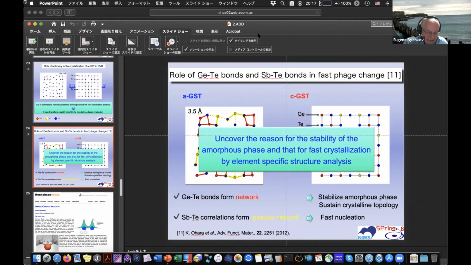So I guess it shows that there is no simple explanation. For different materials, the origin could be a little bit different. In molecular systems it's one, in network systems it could be a little bit different.